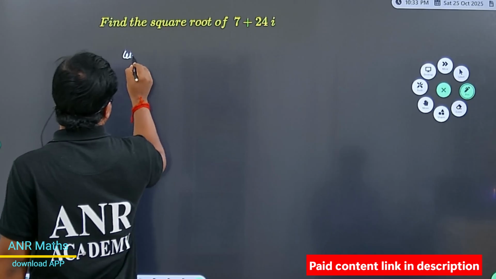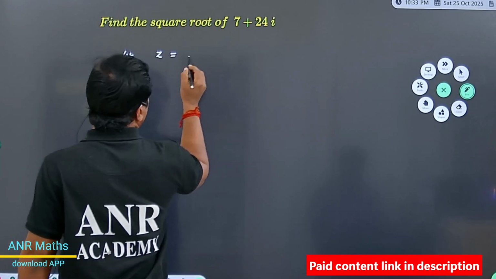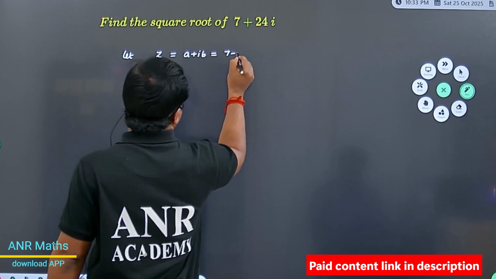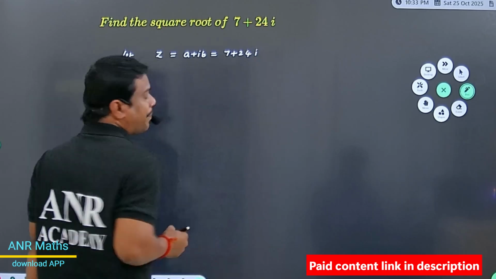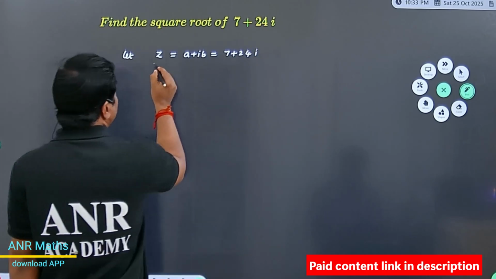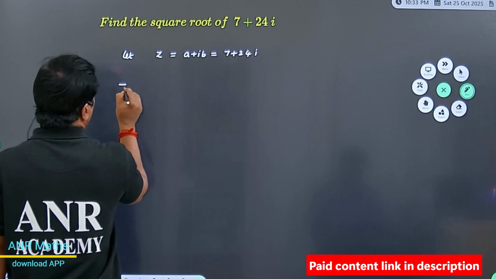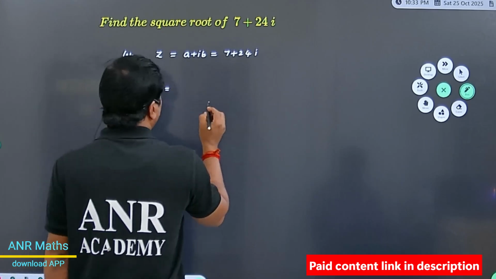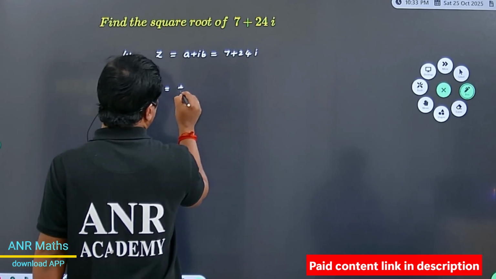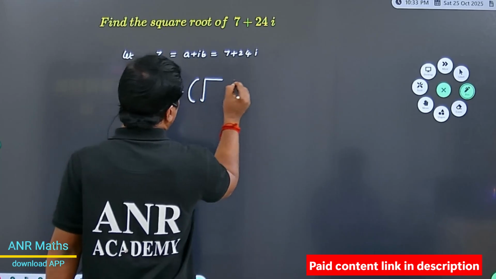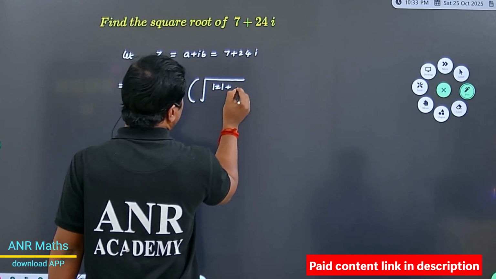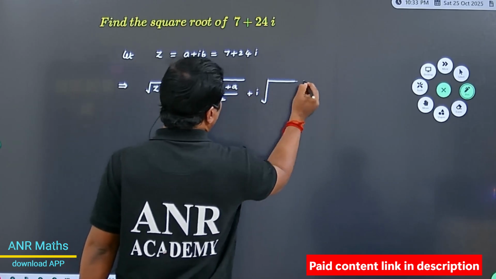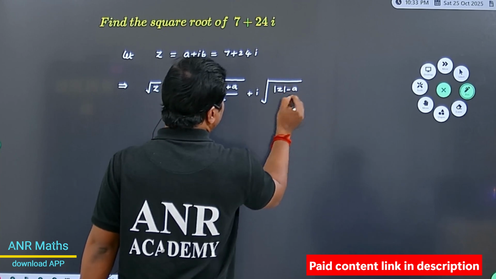Let us suppose the given complex number z is a plus ib, that is equal to 7 plus 24i. When z is a plus ib, you know that the square root of z formula is plus or minus root over (mod z plus a) divided by 2, plus i of root over (modulus z minus a) divided by 2.